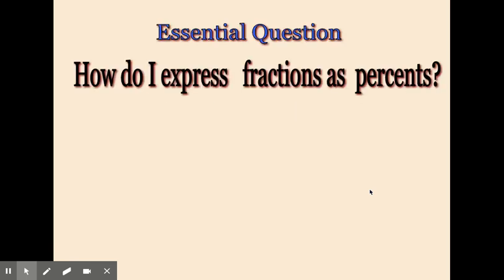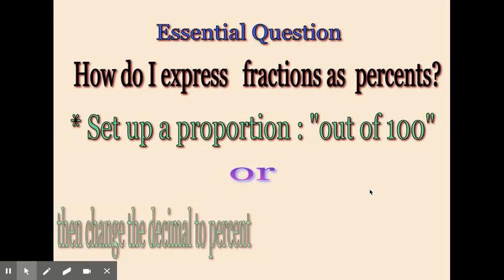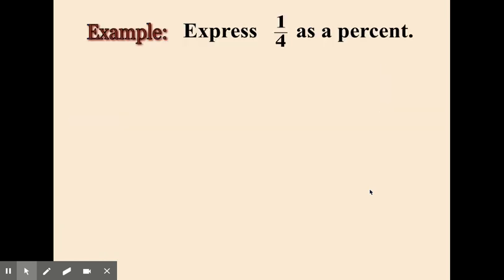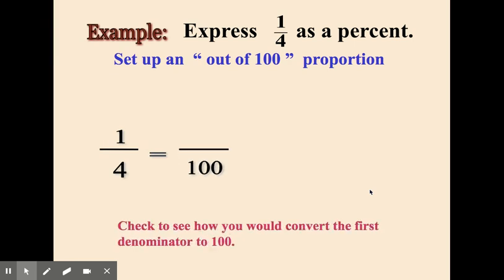How do I express fractions as percents? You can set up a proportion and set it out of 100, or you can just change the fraction to a decimal and then change the decimal to a percent. Either way is fine. So if I wanted to do 1/4 as a percent, I could set it up as an out of 100 proportion. So it'd say 1/4 is equal to what out of 100?